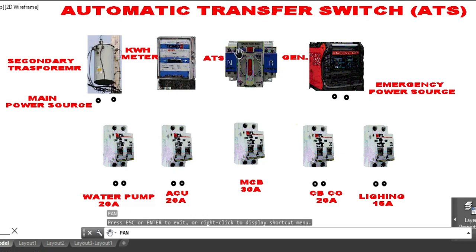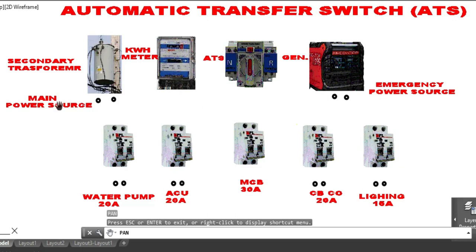The priority power to distribute to the main circuit breaker is the main power source. If the main power source is live and going to the ATS, this switch will automatically select the main power source. So the emergency power source is the standby.